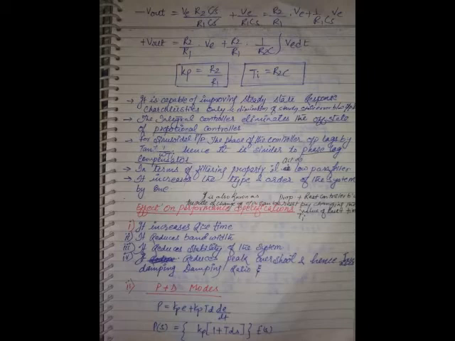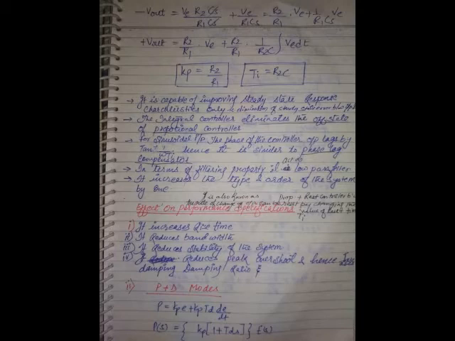Next, the P plus I controller increases the type and order of the system by 1.